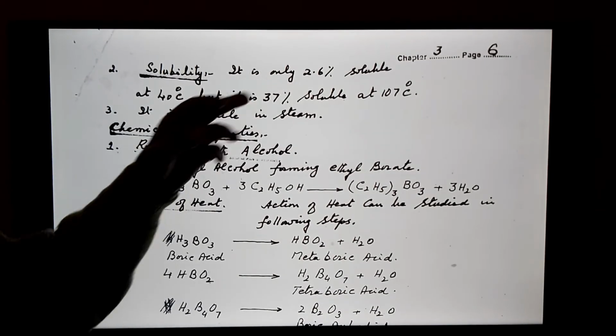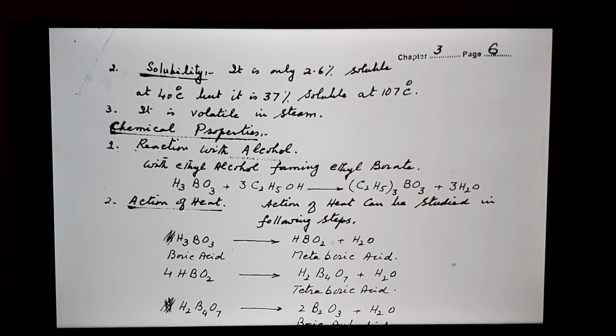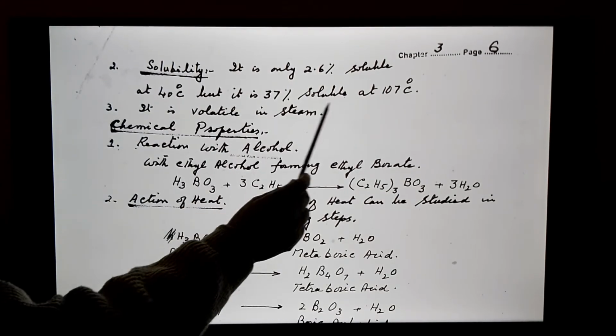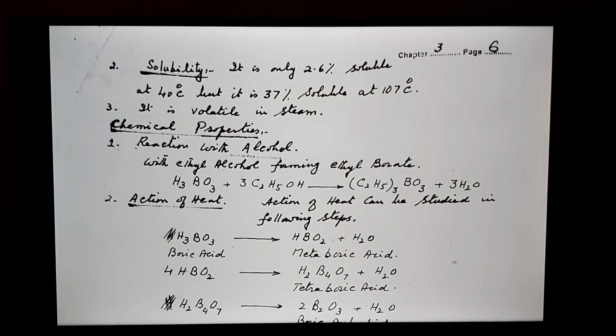It is only 2.6% soluble at 40 centigrade, but it is 37% soluble at 107 centigrade. So solubility increases with the rise in temperature. At high temperature, it is more soluble as compared to a lower temperature. Third, it is volatile in steam. Volatile means it is converted into vapors.